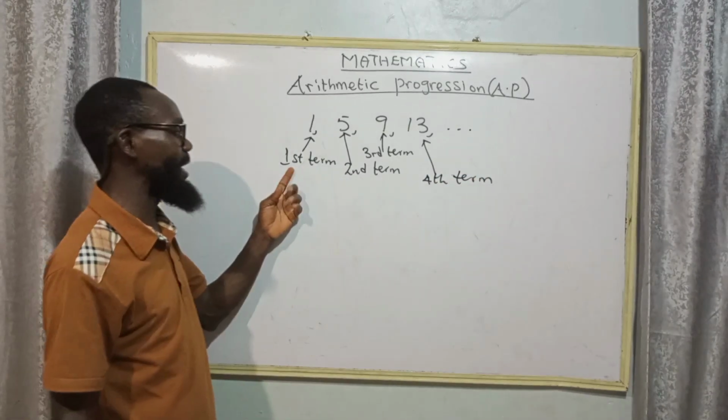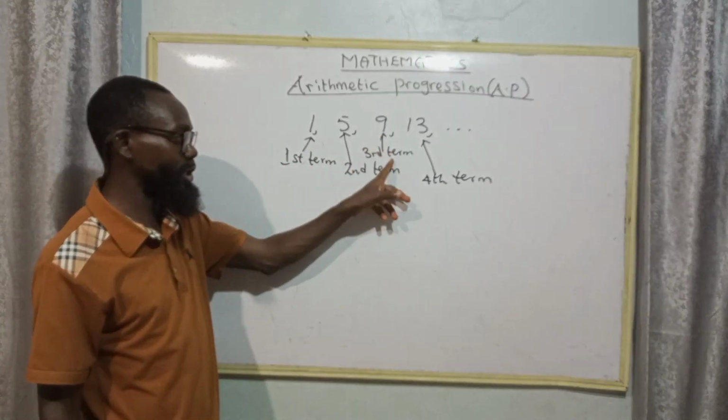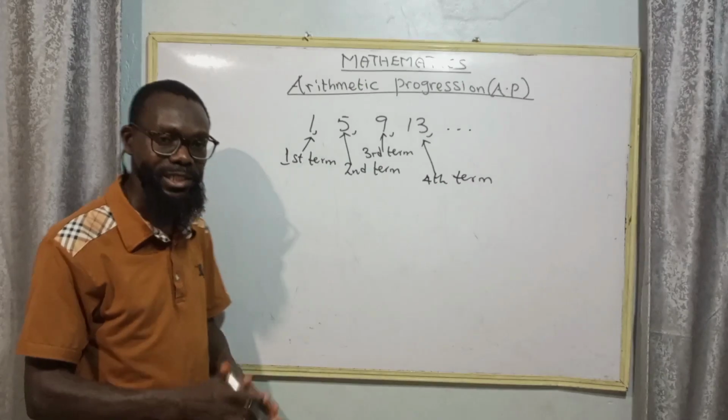The first value here is called the first term. We have the second term, we have the third term, and we also have the fourth term.